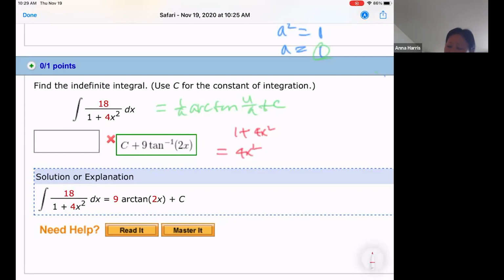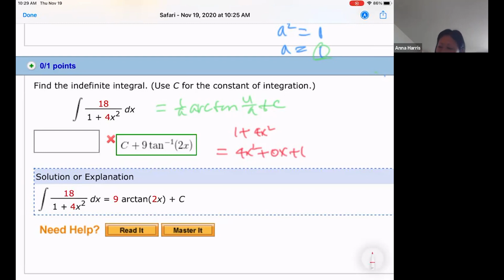I don't have a middle term, so you just need to take a square root. That's what you have to do. So 4x squared, you have 0x plus 1, and you tell yourself, okay, I don't have anything.